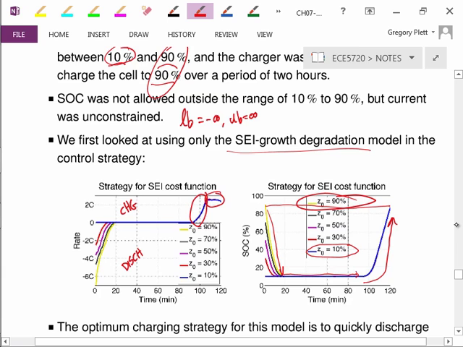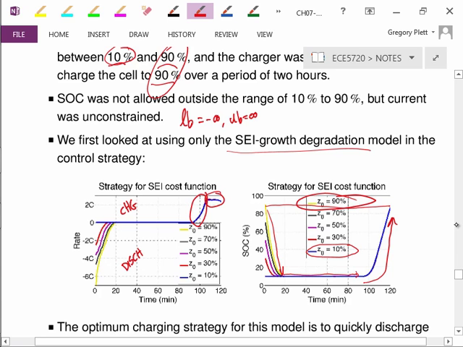Very, very interesting result. How valid is the result? Well, we don't know. We'd have to try it out on real cells and have some way of electrochemically tearing the cell apart and measuring all of these quantities at the end to see if the model of degradation actually holds up under these conditions.